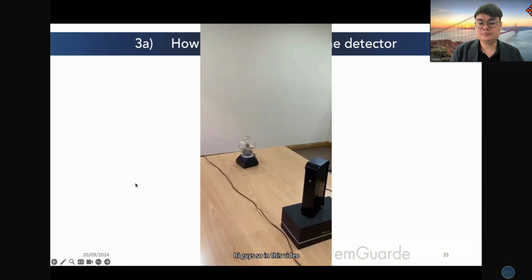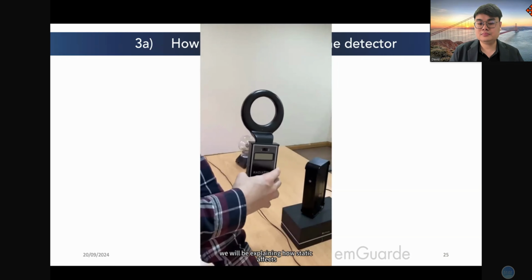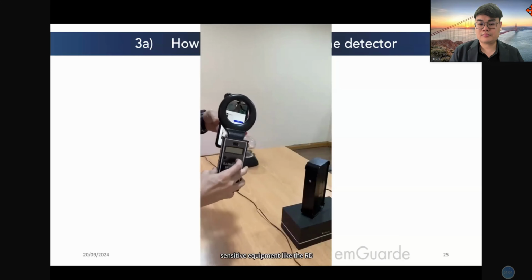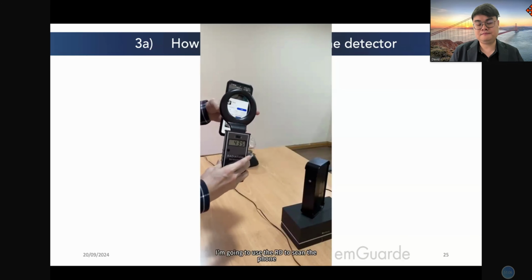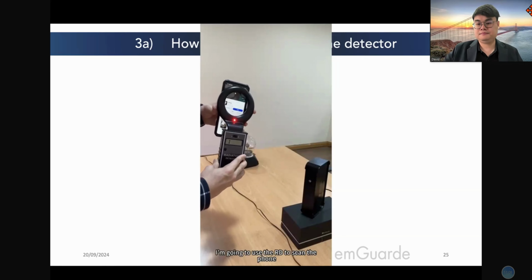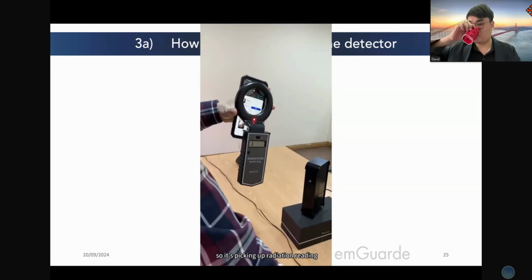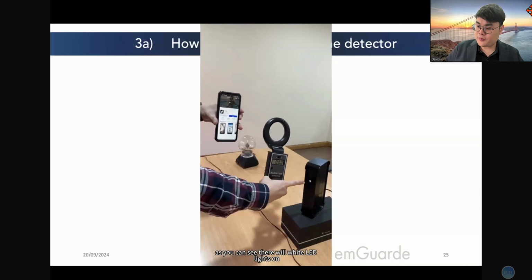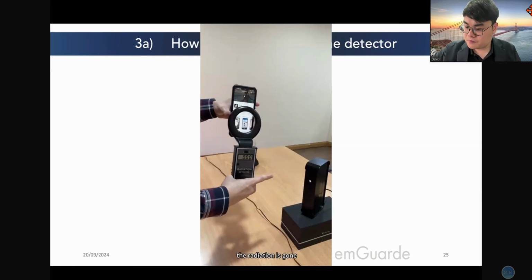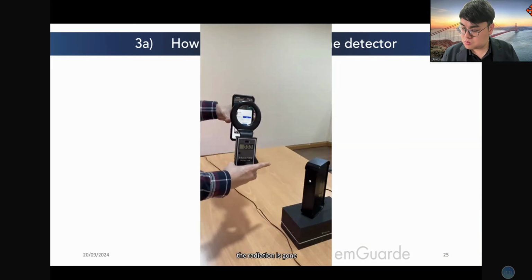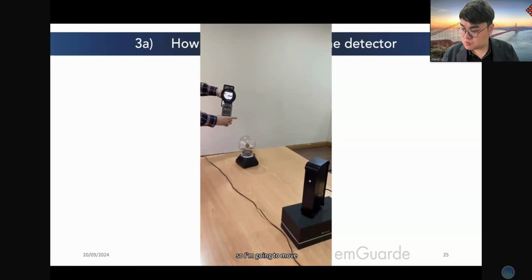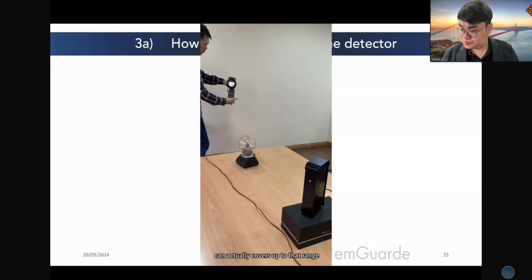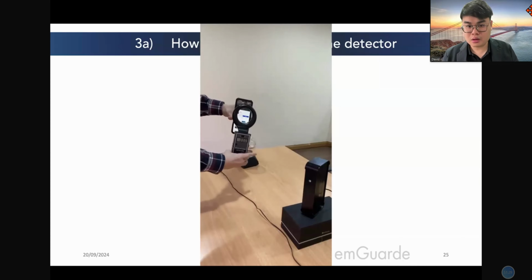Hi guys, so in this video, we will be explaining how static affects sensitive equipment like the LD. So now, I'm going to use the LD to scan the phone, as you can see. It's picking up radiation reading. But as soon as I turn on the emGuarde, as you can see, the white LED light is on. So the radiation is gone, okay? I'm going to move all the way back just to show you that emGuarde can actually cover up to that range, further away from the table.